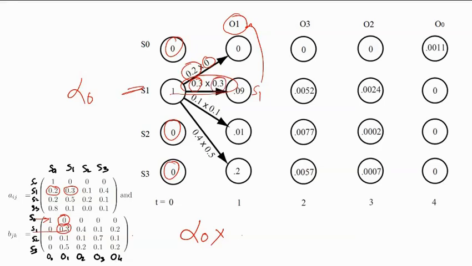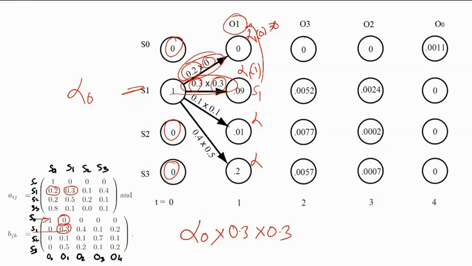So alpha 0 into 0.3 into 0.3, this will be alpha 1, 1 here. And what will be alpha 1, 0? This will be 0 because the product is 0. Like that, we keep on calculating alpha here.